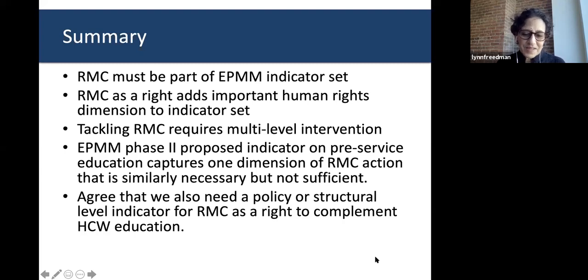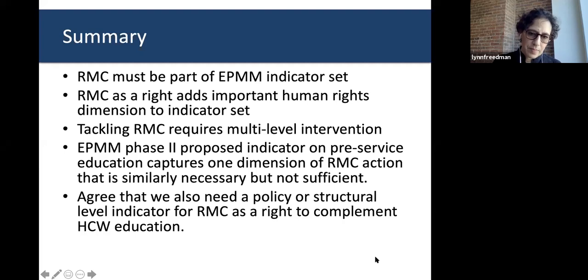But all of this experience with rights and guidance on how to implement a rights-based approach, and also the evidence that is in the health literature that was reviewed for WHO, certainly implies we need multi-component or multi-level interventions to tackle RMC.